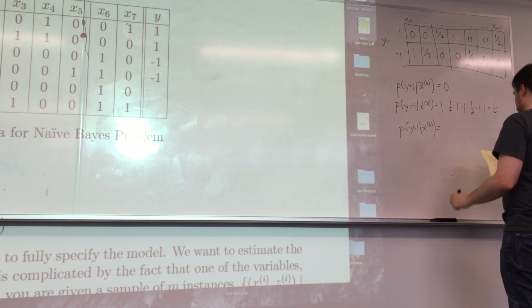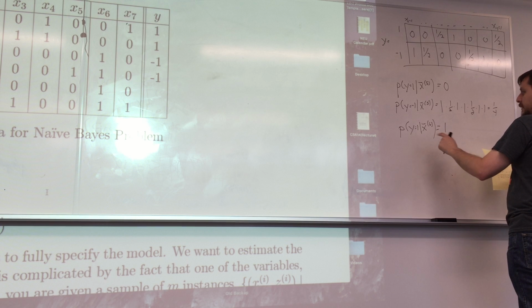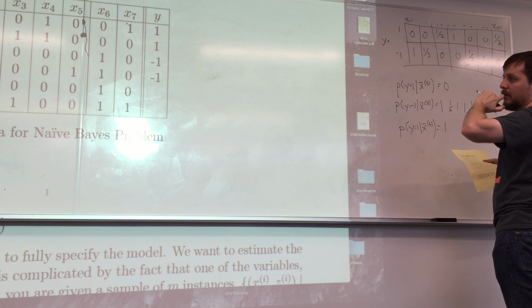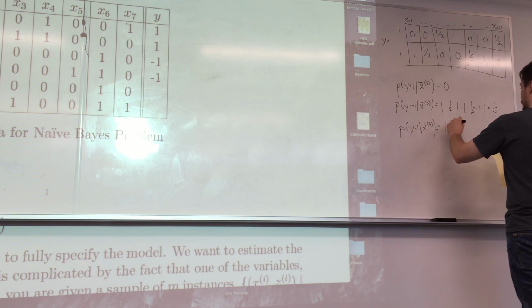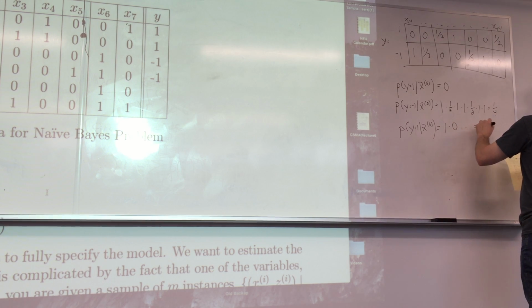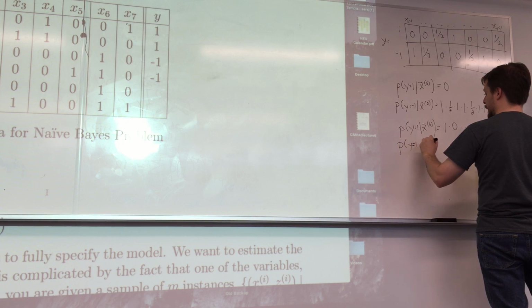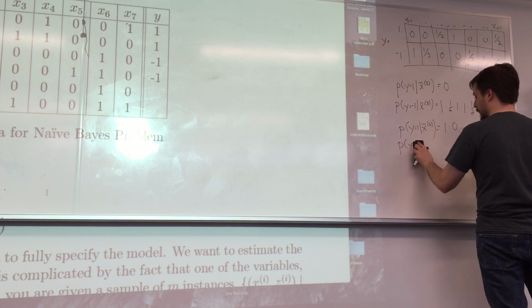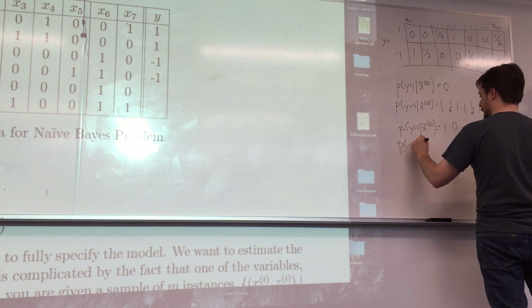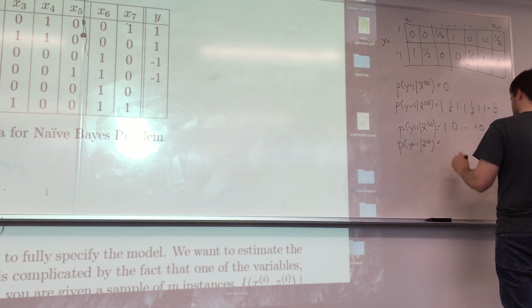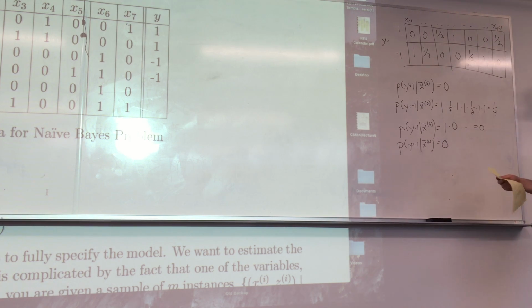And this equals 1 times 0, dot, dot, dot, equals 0. P of y equals negative 1 given x6 equals 0 right from the start. So my problem is that everything zeroes out and it's not interesting.